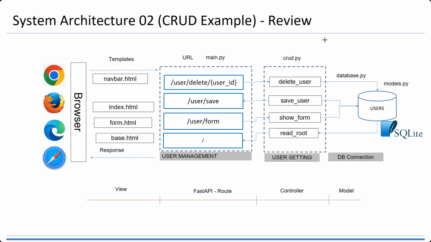But this ORM can give you a better separation. You separate the database connection, you separate the models, you separate the CRUD, and you separate the link. So the separation is more obvious, in order to make a good information system.